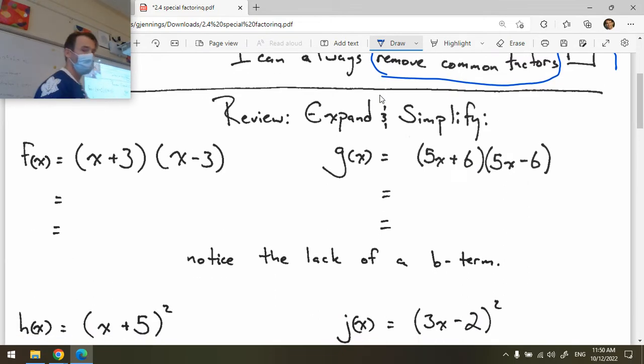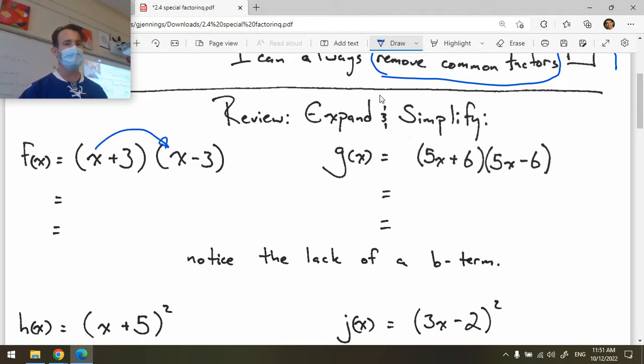Now, just to review, we want to expand these and get them into standard form. This is a review because we've been looking at expanding and simplifying to get standard form in past lessons. So, Tyler, what did you notice when we had x plus 3 times x minus 3?